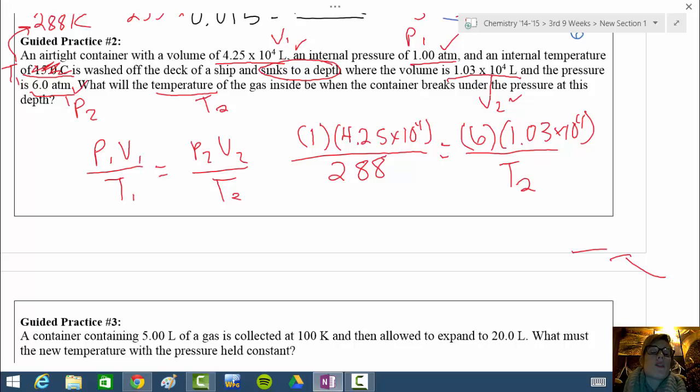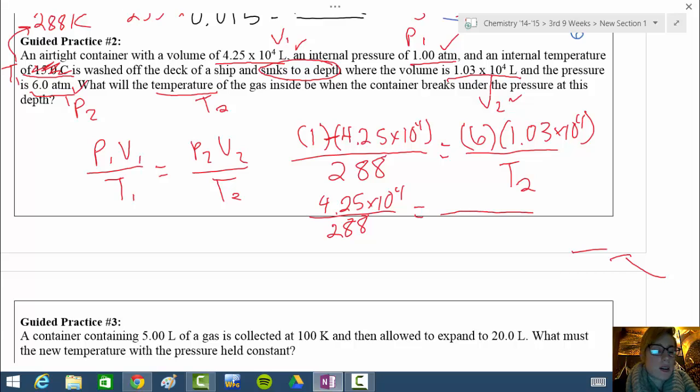Whenever you're solving for temperature, you can cross multiply and divide. But before you can do that, you have to simplify the numerators, because right now there's 2 numbers, and you can really only cross multiply and divide when there's 1 number. So I'm going to multiply these 2 numbers together, which just gives me 4.25 times 10 to the 4th divided by 288. That's the first fraction.